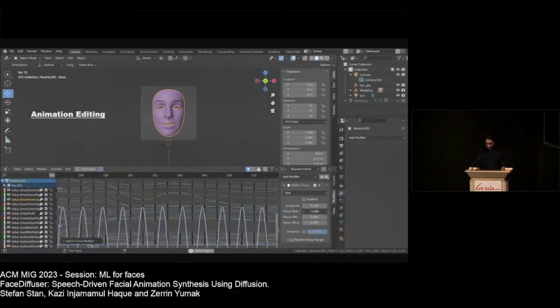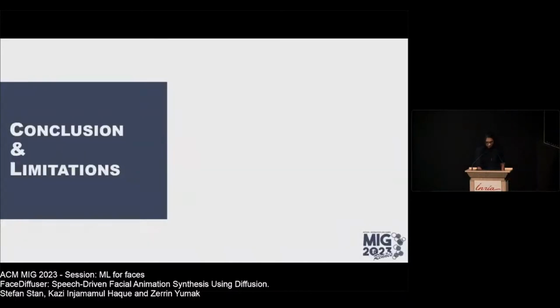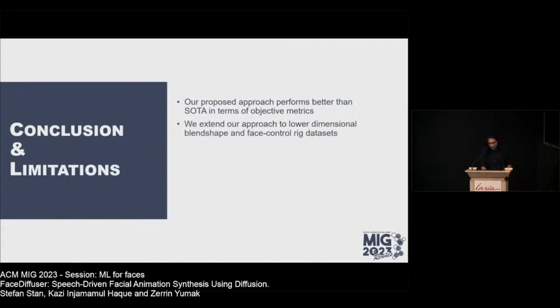Okay, so to conclude, the proposed model, FaceDiffuser, outperforms the state of the art in multiple vertex-based data sets in terms of objective metrics. We extend our approach to work on lower dimensional data sets.